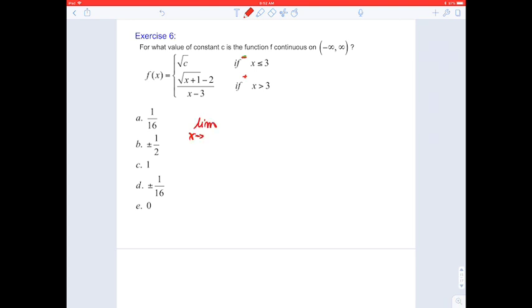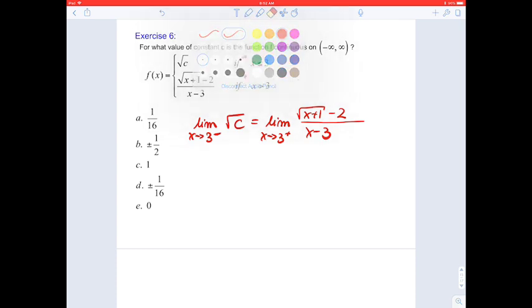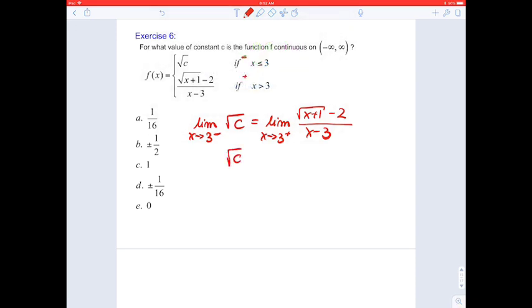Limit as x goes to 3 from the left hand side must be the same as the limit as x goes to 3 from the right hand side, and this is my function, root of x plus 1 minus 2 over x minus 3. Okay, that means the limit of the constant is simply a constant, no problem on the left hand side, but on the right hand side, let's see.